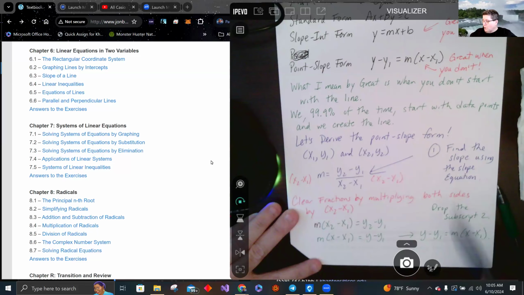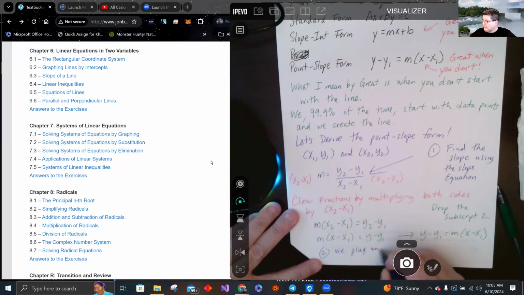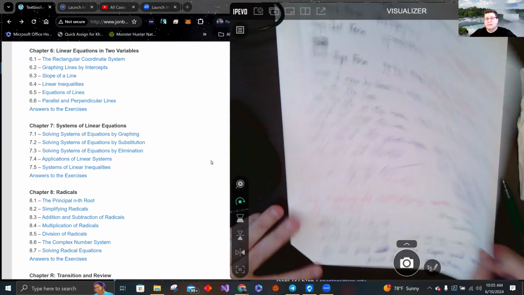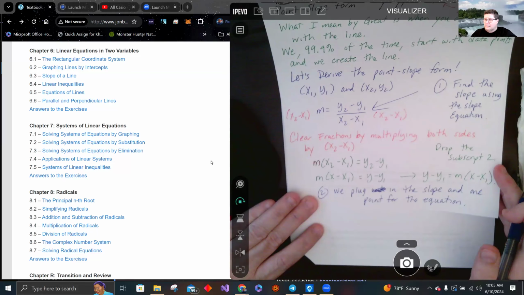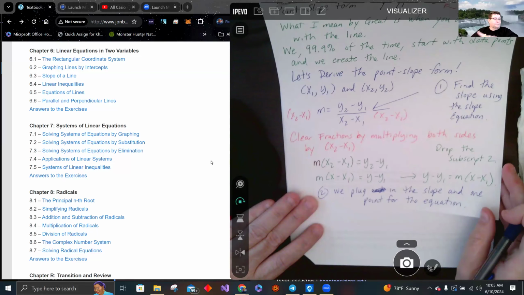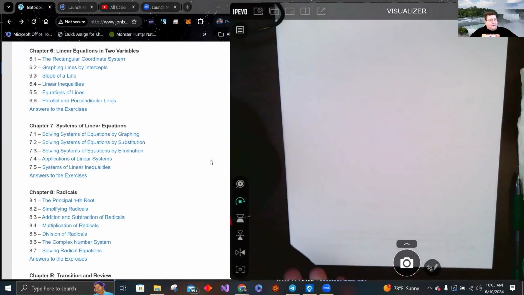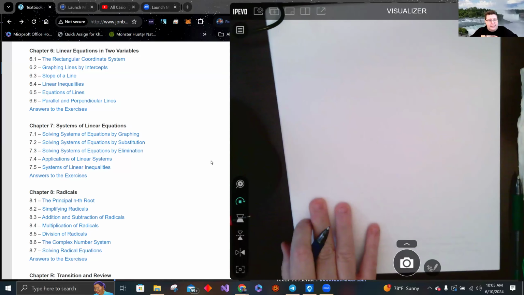Then 2, we plug in the slope and 1 point for the equation. Actually, that was a really short thing.